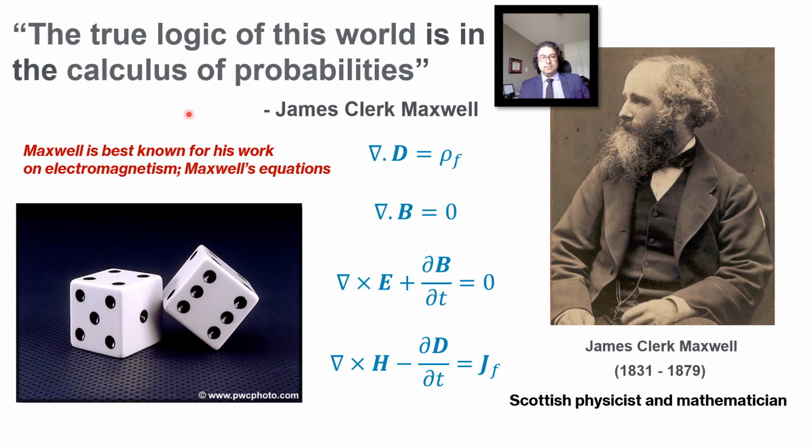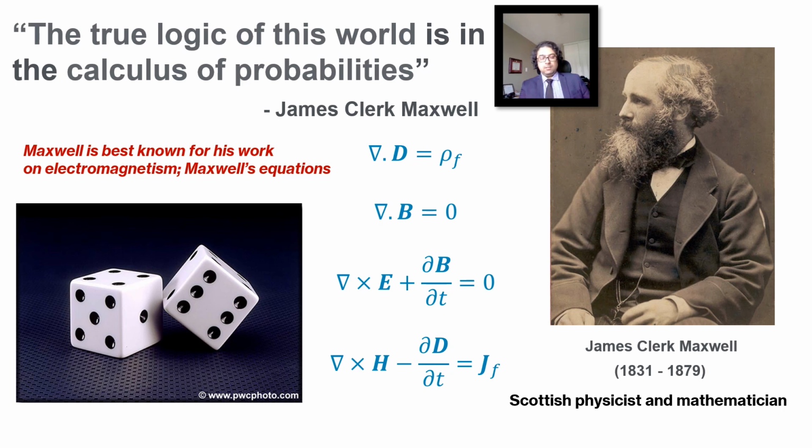Because probability plays such a central role in modern physics, today I'm going to start by looking at a very simple example just to make things clear. And I'm going to be following the footsteps of David J. Griffiths. He's an excellent science educator. In particular, he's an excellent physicist.